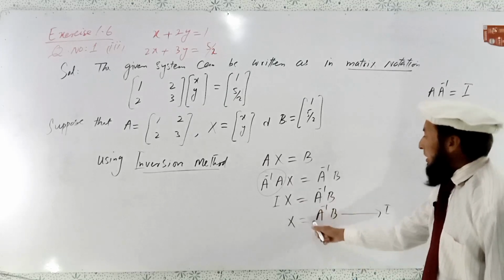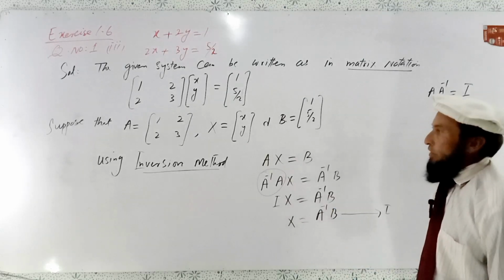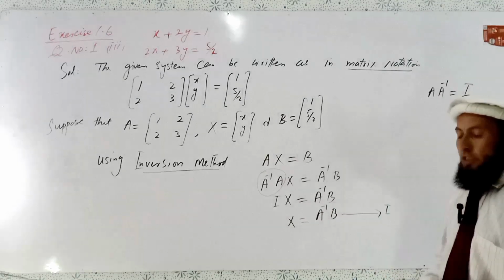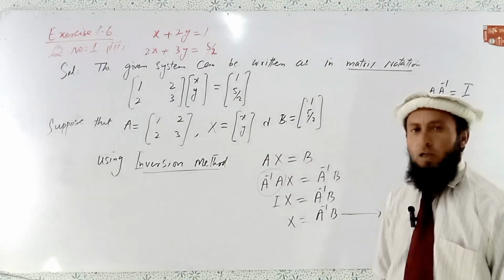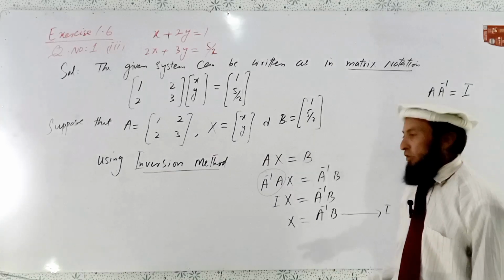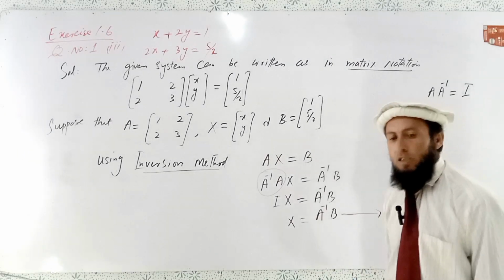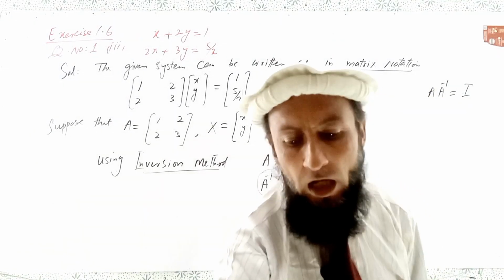First of all, we require A inverse. If A inverse exists, then further solution is possible. If it is a singular matrix, then further solution is not possible and we cannot proceed.